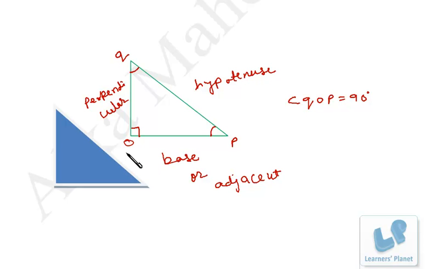So this is the name of the three sides of a right angle triangle, right? Now this angle that OP is making with PQ, suppose we name as a theta, and this theta is an acute angle, right? That is the angle between OP and QP, or we can say angle OPQ is theta, right? So based on all this, we have 6 trigonometric ratio with us that we are going to discuss just now.